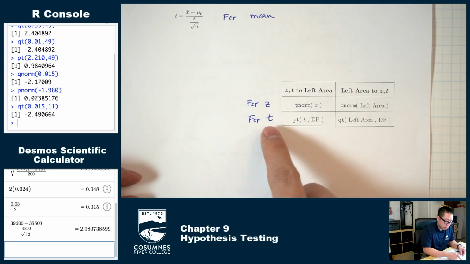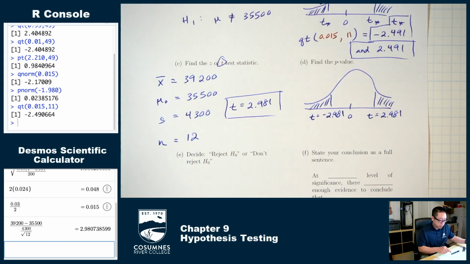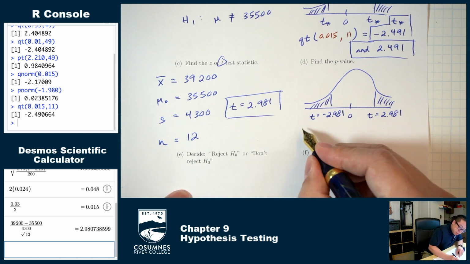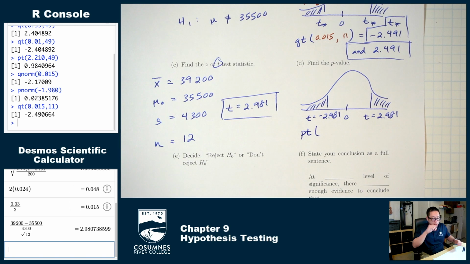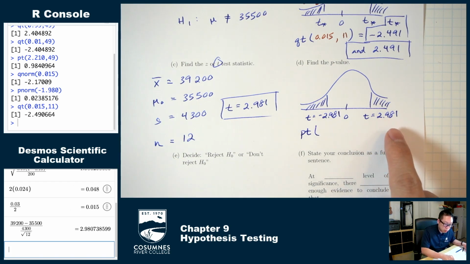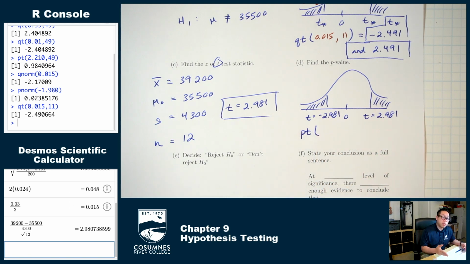T to area for the t situation is going to be pt, t, and then DF. So we're going to do pt. Now, just like the previous example, I have two choices here. Do I plug in the positive 2.981 or the negative 2.981? pt is always going to give you the area to the left of the t.